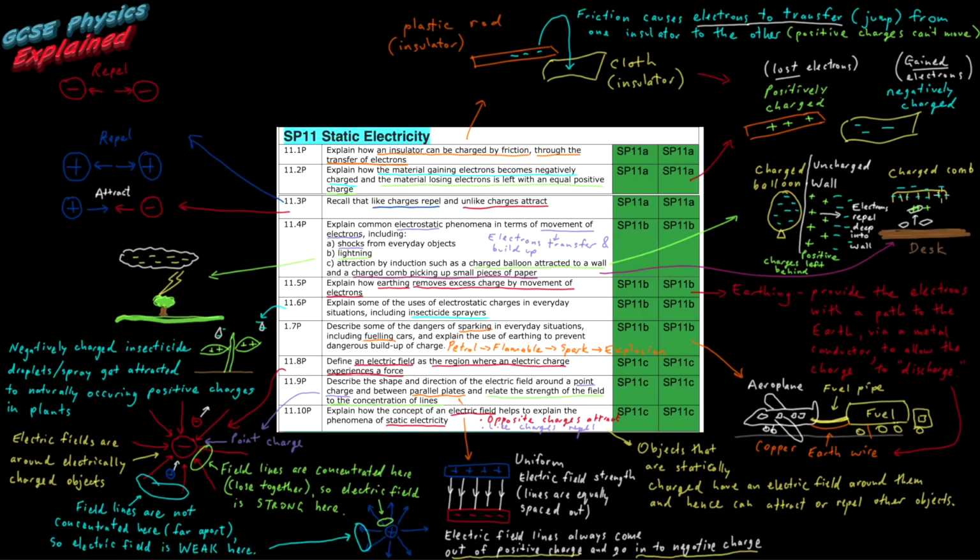If you rub a comb, you'll charge the comb. Once again, the comb looks like it's gained electrons, so there'll be another object somewhere that's lost electrons, and that'll be positive. Now, if you put that charged comb next to paper, remember, paper is made of atoms, and all atoms have positive and negative charges. So the positive charges in the little bits of paper will get attracted towards the charged comb.